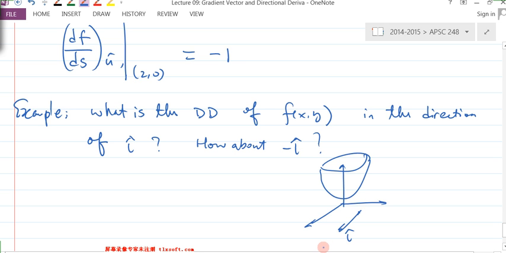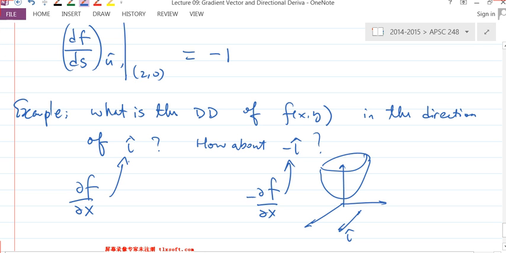Y is not changing, right? No y change. And that's exactly partial f over partial x. Okay? And this one, you work the other way, it's this. You see, right? It's all connected.